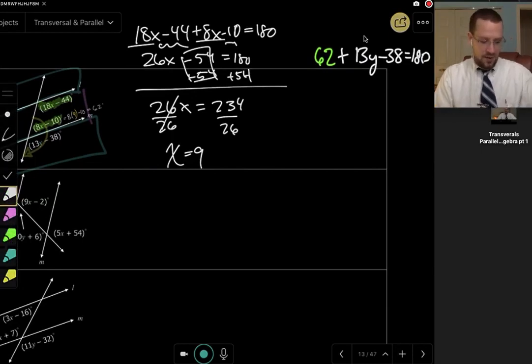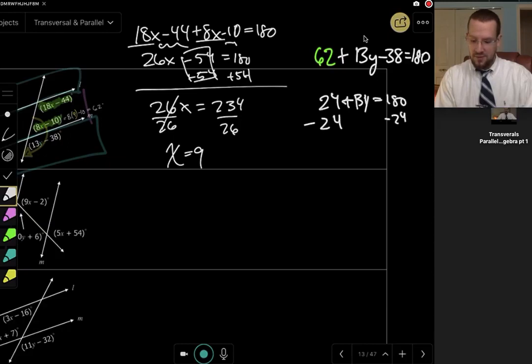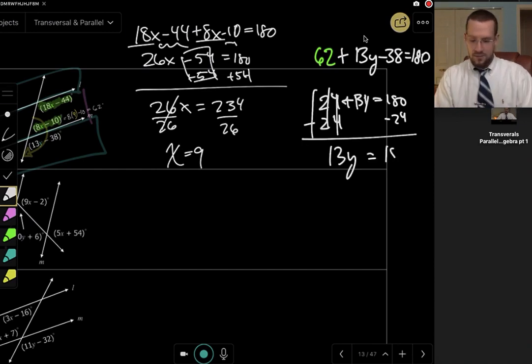Okay, so we have 62 minus 38. So this is 24 plus 13y is equal to 180. And then we can subtract 24 from both sides. And we have 13y is equal to 180 minus 24, 156.